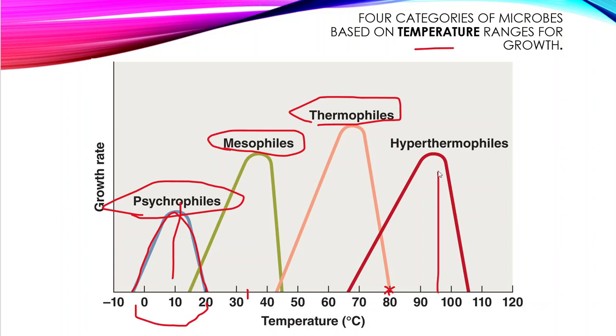Then these guys, which are basically going to be archaea for the most part, are the hyperthermophiles. They like it boiling hot. Now these are the growth curves, so you can tell the high point is the optimum temperature. Again, these are for classes of bacteria, so each individual bacterium may move around that, but basically that's a good generalization for the class.